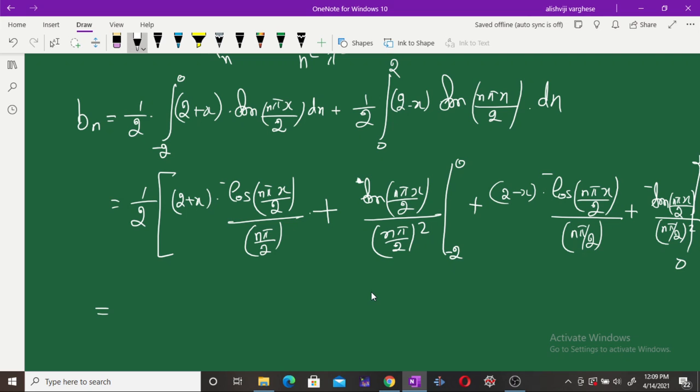by applying the upper limit here, we can take this 1 by 2 as a common factor, then apply the upper limit and lower limit. Upper limit: this sine 0 by 0, this second term becomes equal to 0 in the upper limit, and here it is 2 times minus cos 0, this 1 divided by n pi divided by 2, then minus the lower limit.